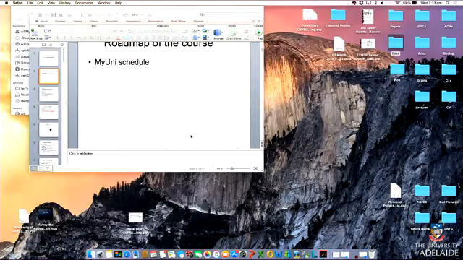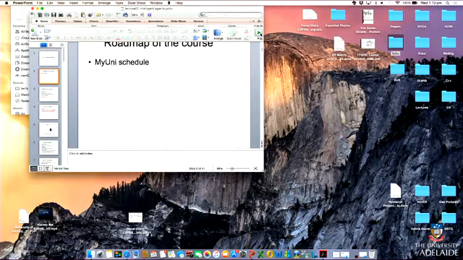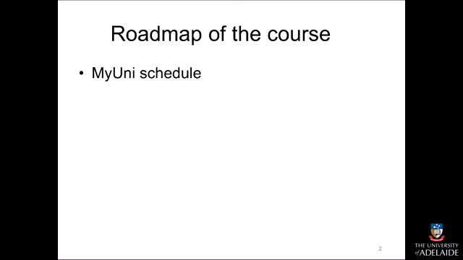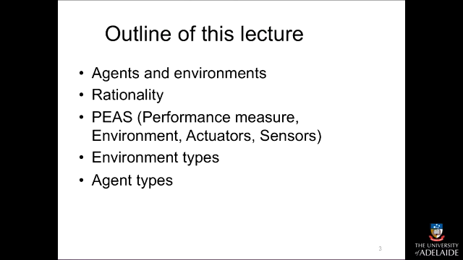Let's dive back into today's lecture, which is going to be about intelligent agents. For some reason my laptop is showing really small on the screen, so I'm going to have to read from up here.